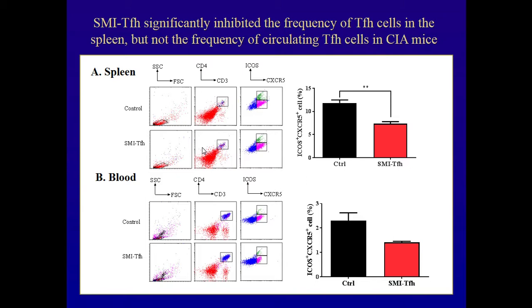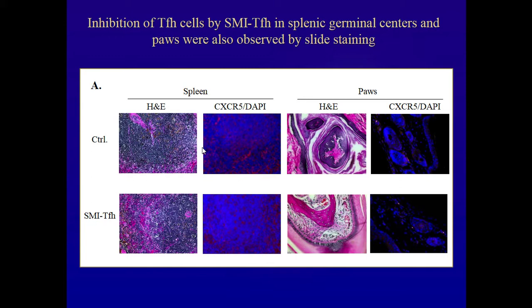And then for the HE staining and the IHC staining, you can tell in the spleen for the H and E staining, the germinal center is really enlarged in the control rheumatoid arthritis mice, and in those treated with the small molecule, the germinal center is a normal size. And you can also see CXCR5 staining shows T follicular helper cell, and also in the paw.